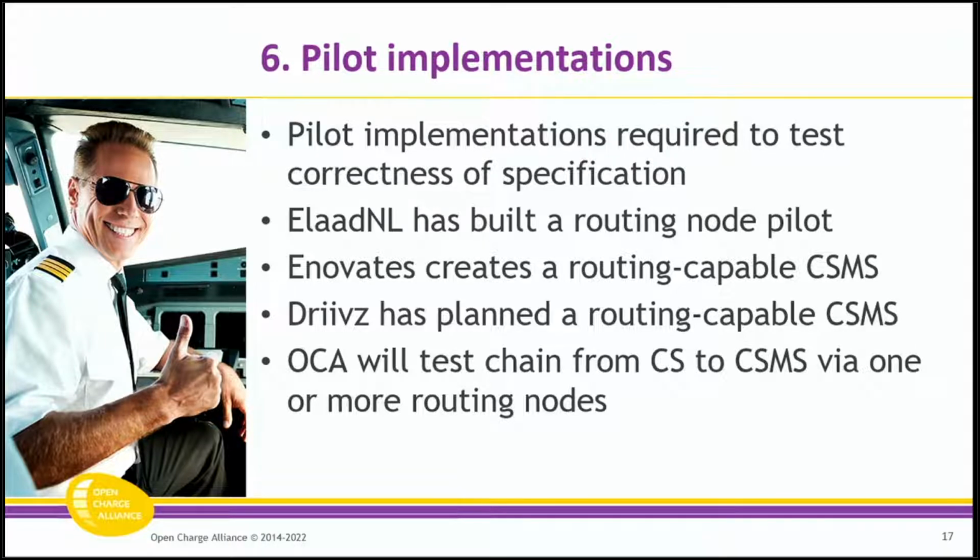So at the moment, Innovate just started working on creating a routing capable CSMS, and Drives has also planned to build this extension as a pilot for us. So as soon as we have that, then we will start testing with various charging stations and various nodes that this implementation really works.